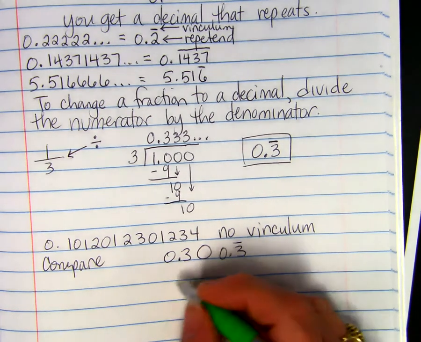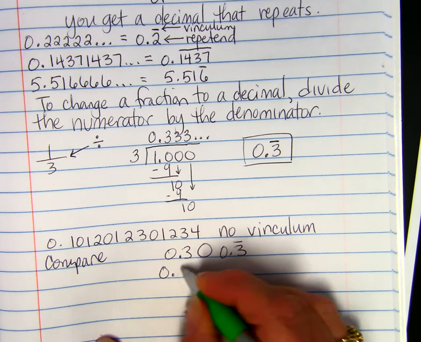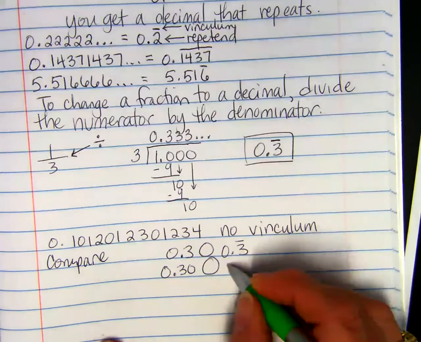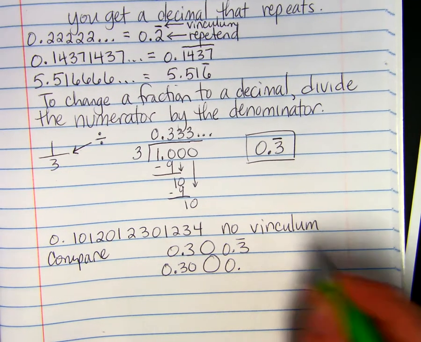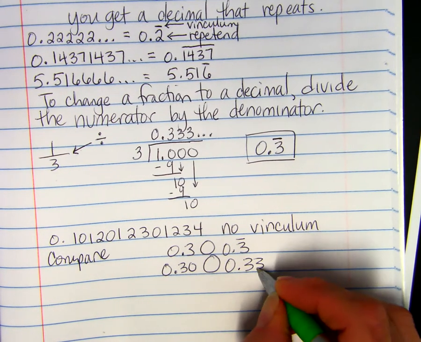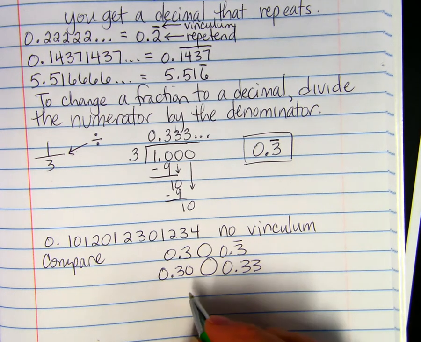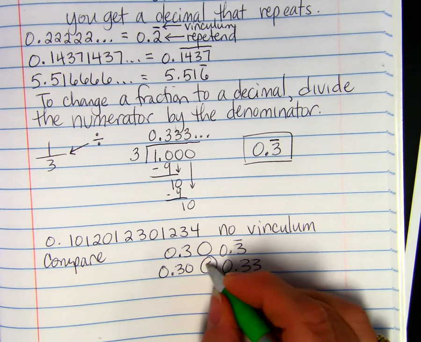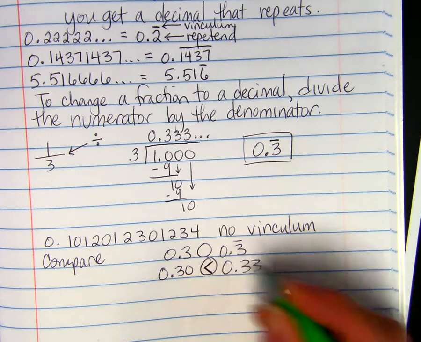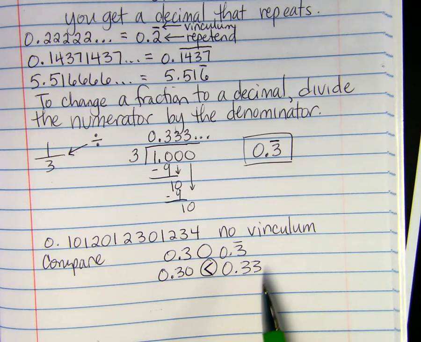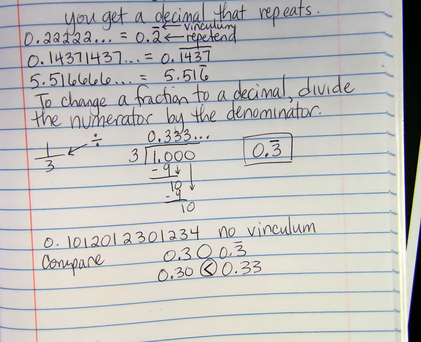So if you rewrite it and put a 0 on the end of this one, and then you rewrite this one, because it's the 3 repeating and you put a 3 after it, because the 3's will keep going, then you will put a less than sign in between them. So 3/10 is less than 0.3 with the vinculum, or 1/3. Okay, that's the end of the lesson.